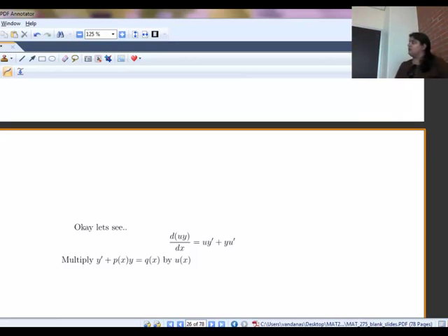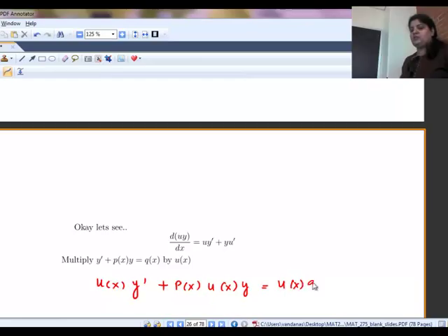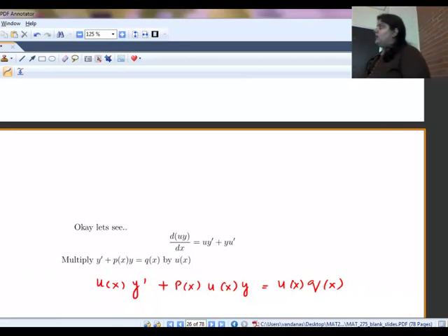Then you just multiply this equation by u(x) so that you can start getting a similar form: p(x) u(x) y equals u(x) q(x). We still don't know u, but our goal is to try to find v. So this is something we are getting now.